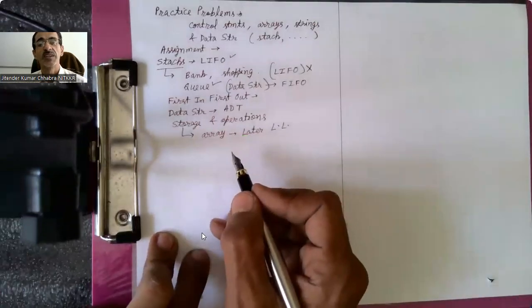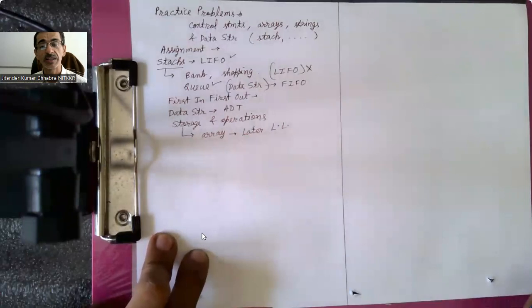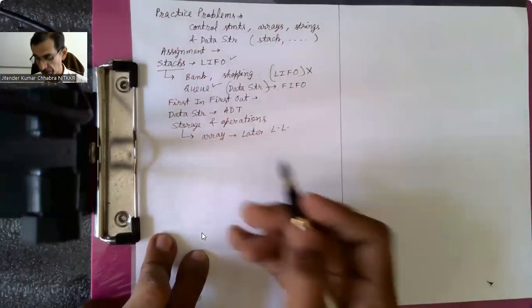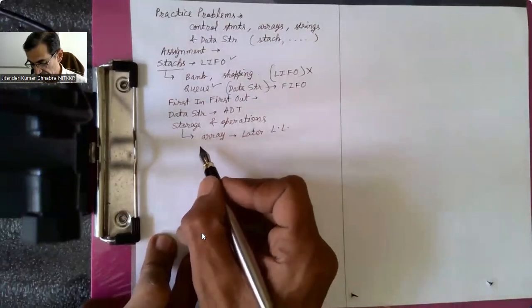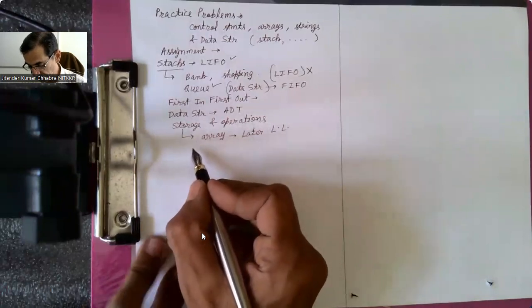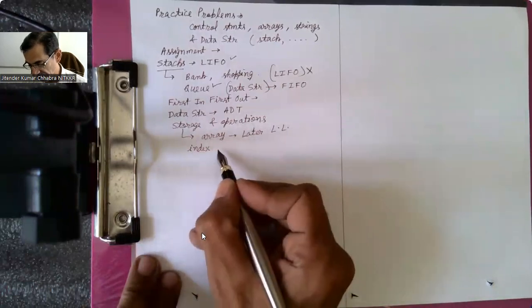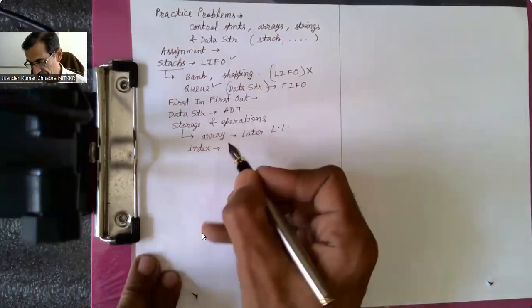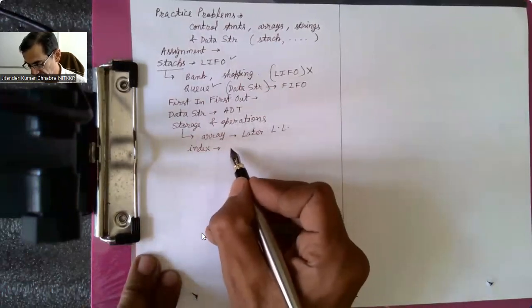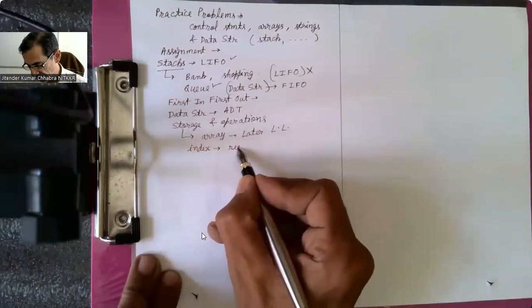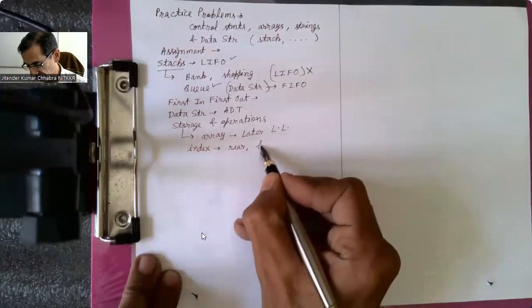So you have the corresponding array as a data structure, which we are going to use for the storage. And correspondingly, you need certain indexes. In case of a stack, you used top; here we use two different indexes. One we call rear, another we call front.